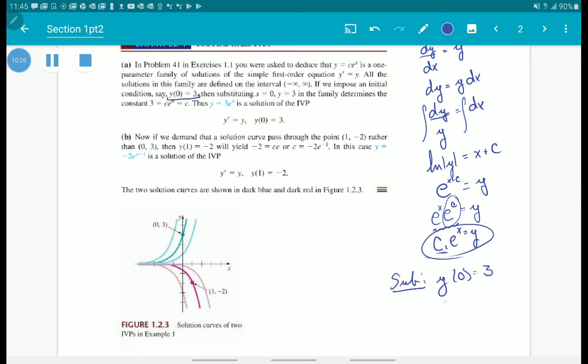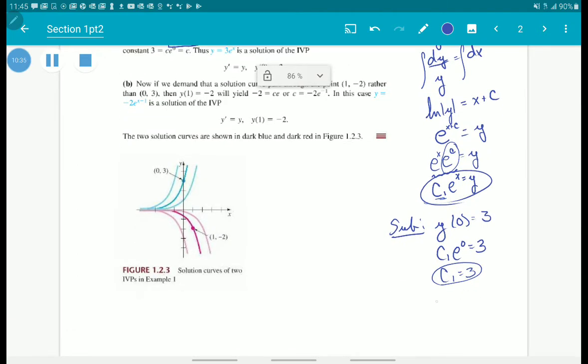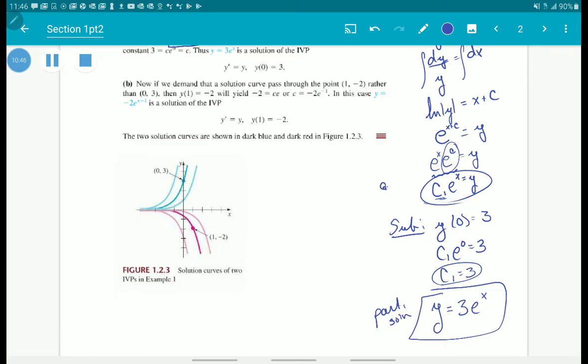So we're going to have c1 e to the 0 is equal to 3. Then that means c1 is going to be equal to 3. So our particular solution would be y equals 3 e to the x, whereas this guy was a general solution to the differential equation.